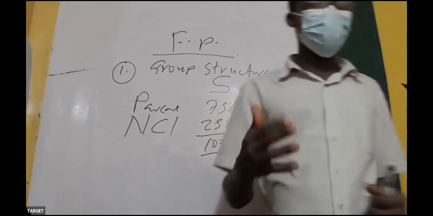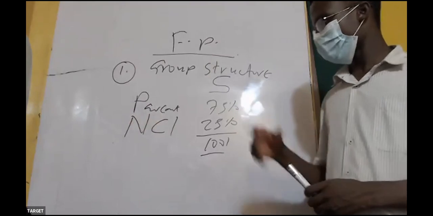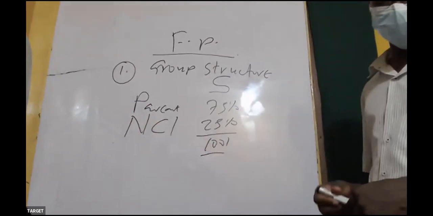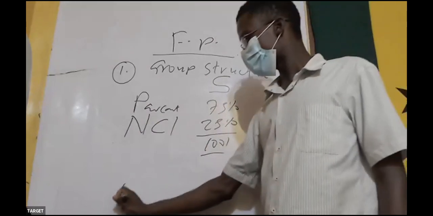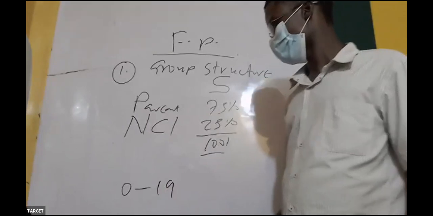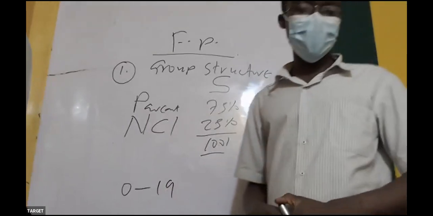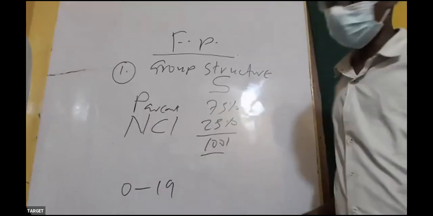In the event where we have an associate, good. Let me draw some little principle again. Now, anytime you have 0 up to 19, we call it a mere investment. So write it down. We call this the accounting boundary.